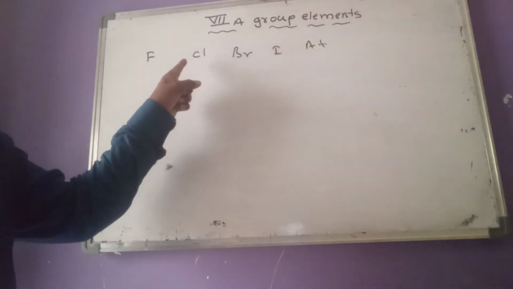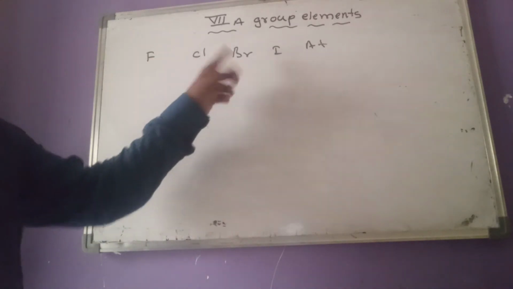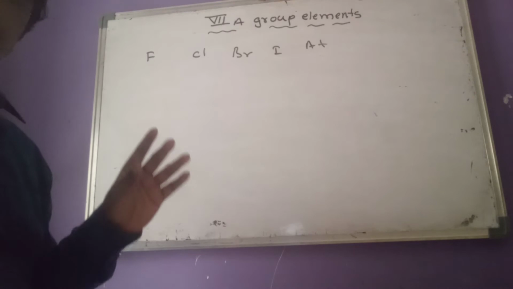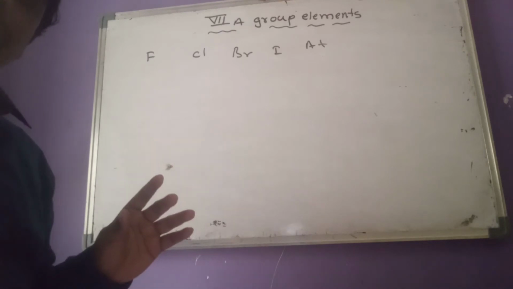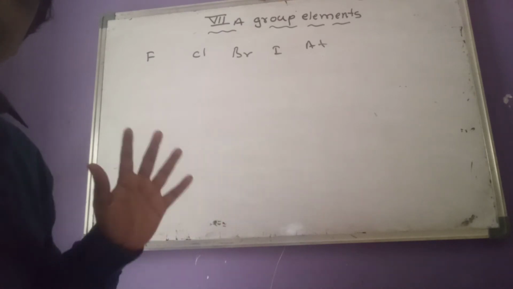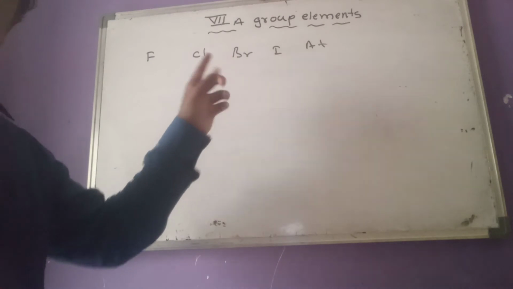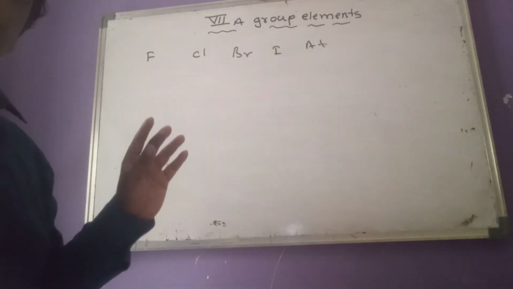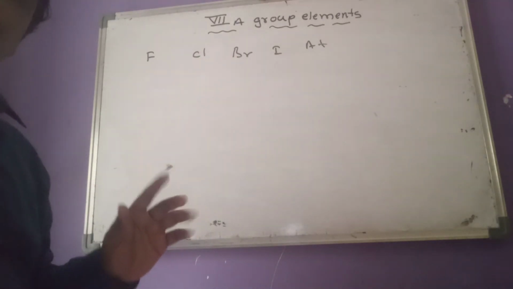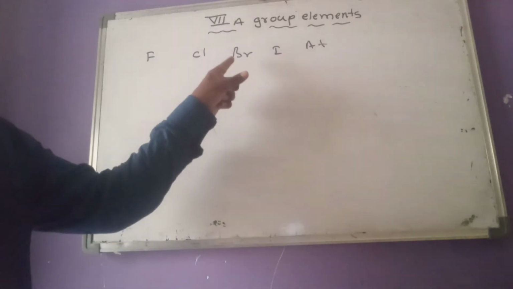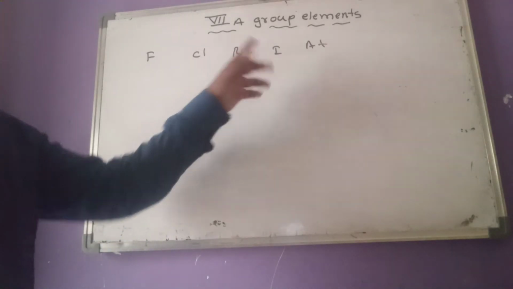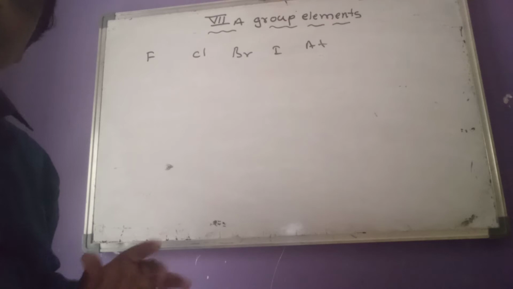And bromine's speciality: generally all non-metals are present in gaseous state, but bromine is present in liquid state. So the liquid non-metal, only one, that is bromine.